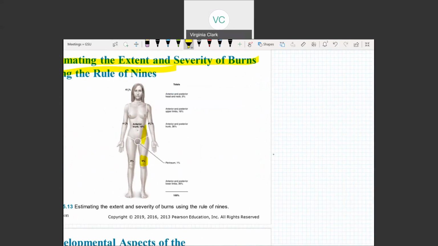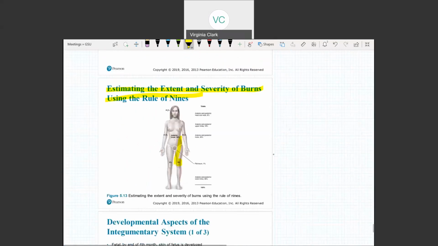That would be 9% plus a couple percent over there. You could have a burn right here and it not actually be part of your internal integral organs, not touch your respiration, not touch your cardiovascular, but it would still be considered severe because that would be 10% of your body in a third degree burn.